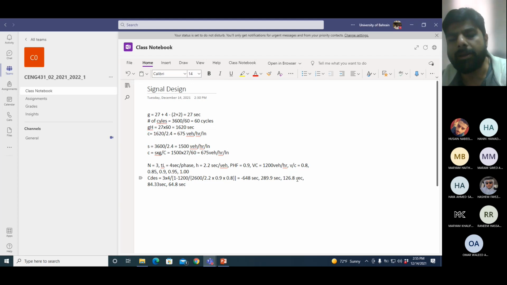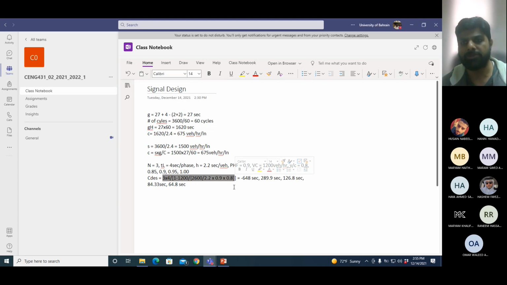Then you see a negative value. Negative value means that the combination of values which you have used to calculate this answer is not practical. So you have to change some of these values, like in this example, we changed the V by C ratio.